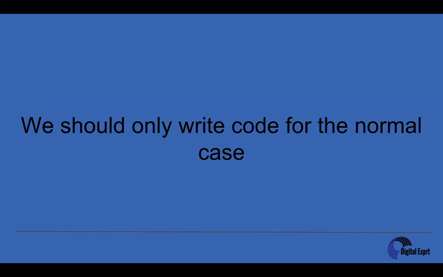This now brings us to another very important topic, which is that when writing implementation code, we should have it in such a way that it only handles the normal case, not the exceptions, not the oddball cases, not the side effects.